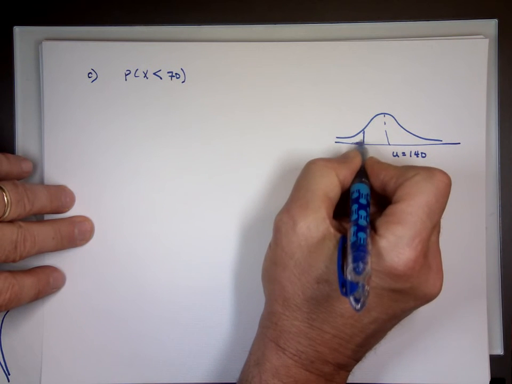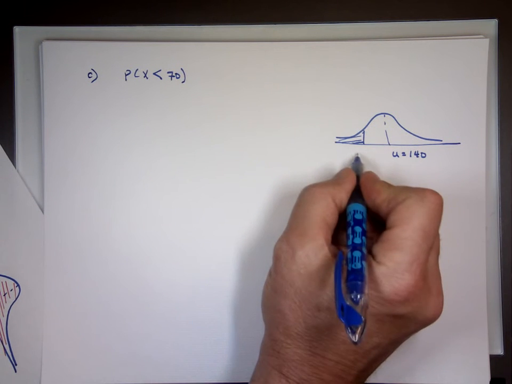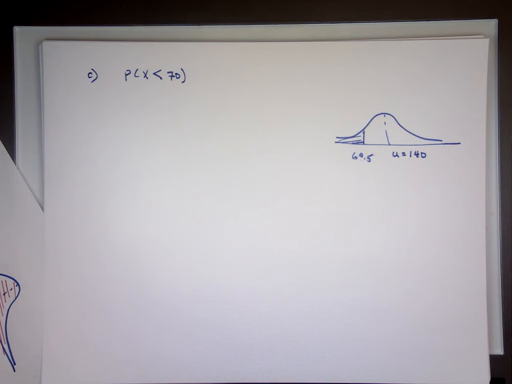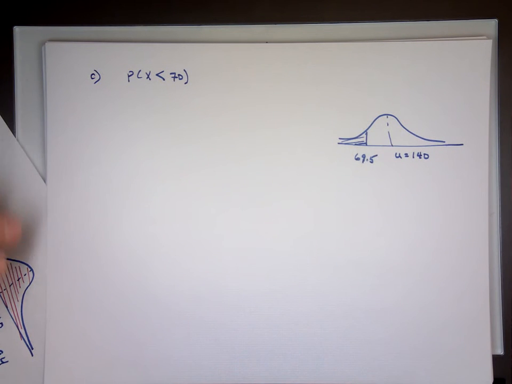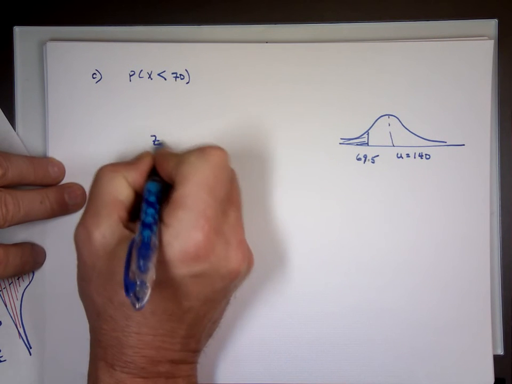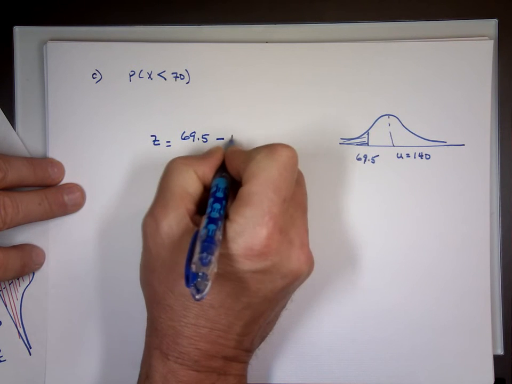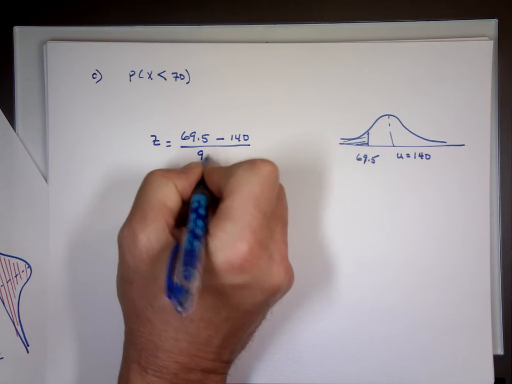Since the 70 is not included, it will be 69.5. We are not including the 70. So the z value will be 69.5 minus the 140, divided by 9.5394.